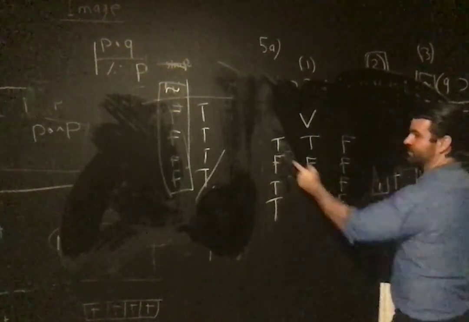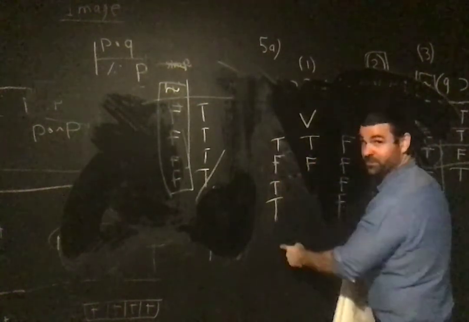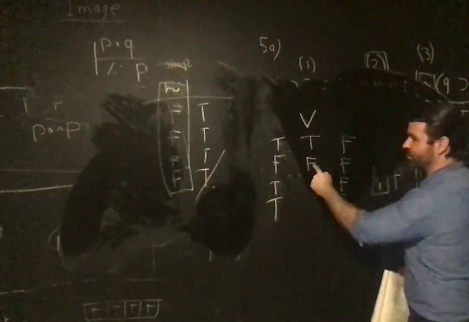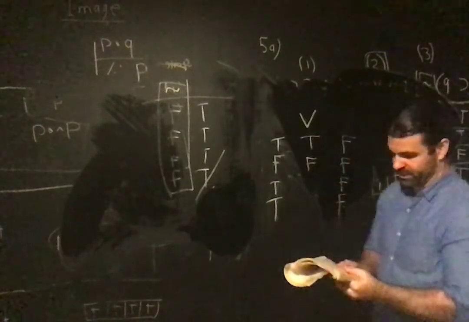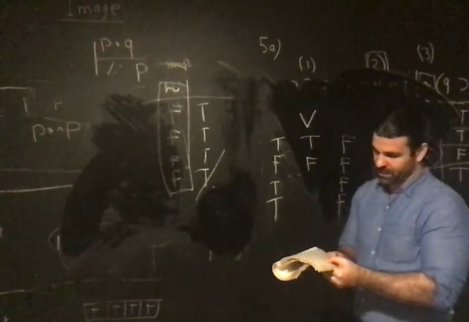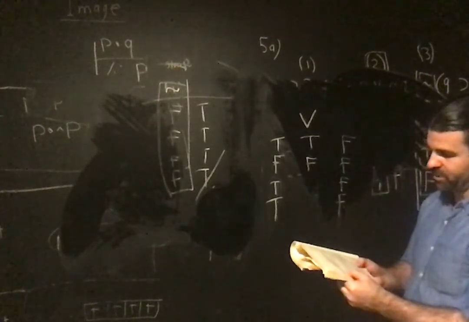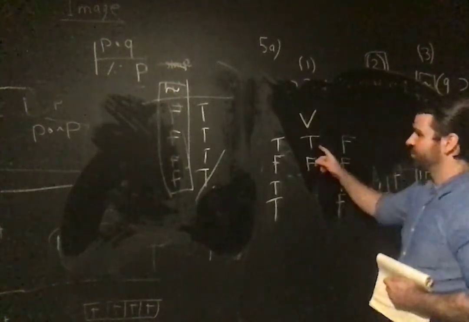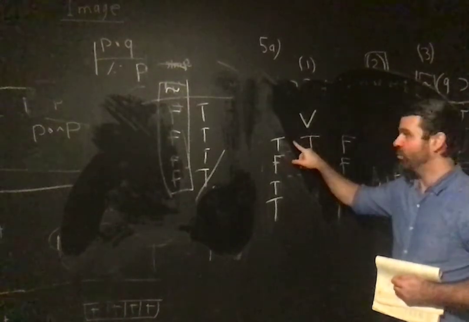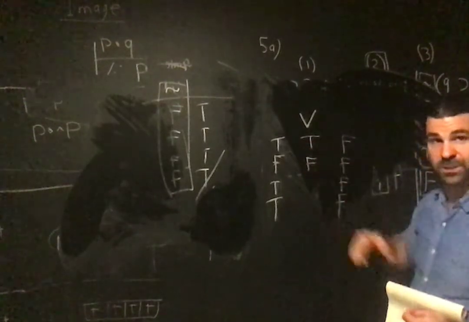This is always F. This was a contingency, so some T's and some F's. And this is also, as we can already see, going to have some T's and some F's. So the disjunction of a contingent form and a contradiction is a contingency, right? Why? Because whatever the contingency is will determine what the disjunction is.